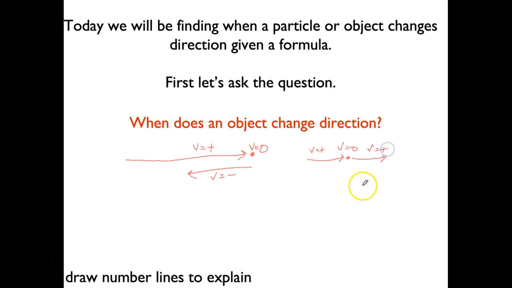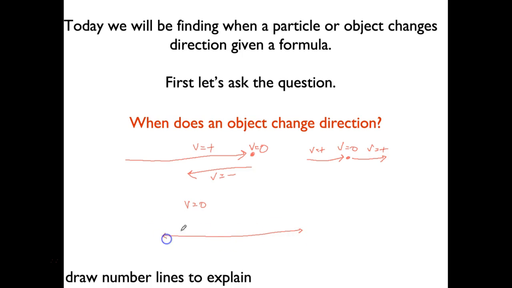Did I change direction? No, right? I did not change direction. So the only way to change direction would be when my velocity went from one value, like positive or negative, to 0, and then switched to the opposite sign, right? So what we're going to be doing today is finding when velocity is equal to 0.